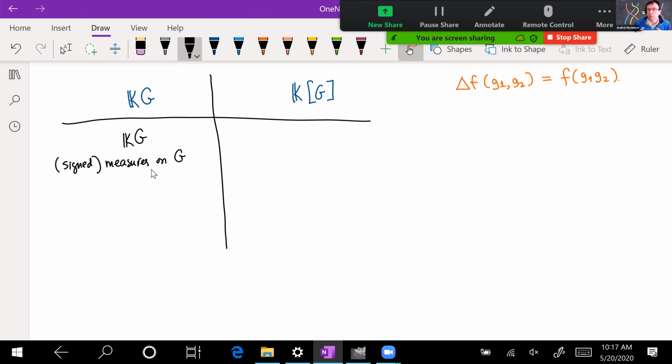What do you mean to multiply two signed measures? It means you put it on two copies of the group and you push it forward on the multiplication map. So that's just generalized multiplication here.